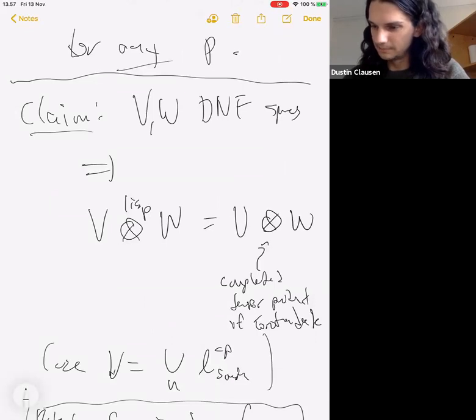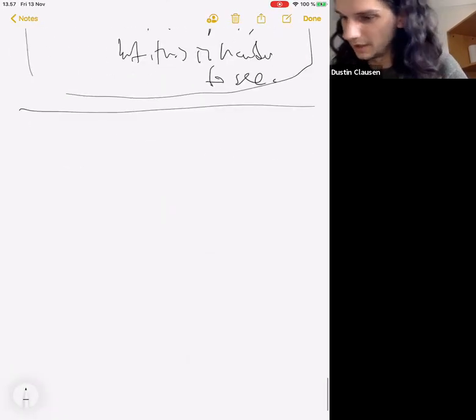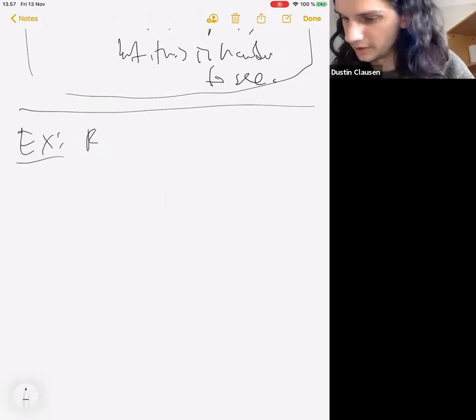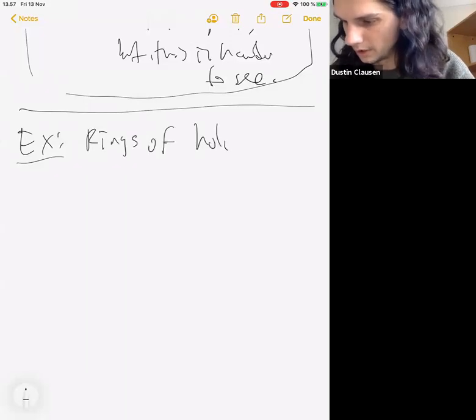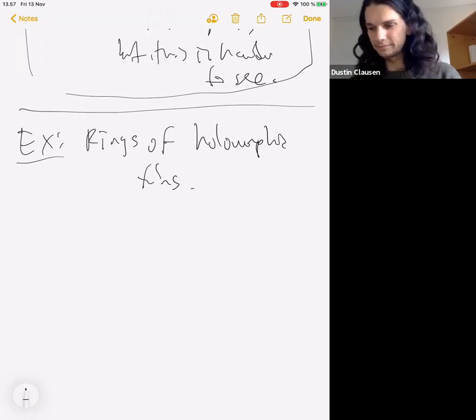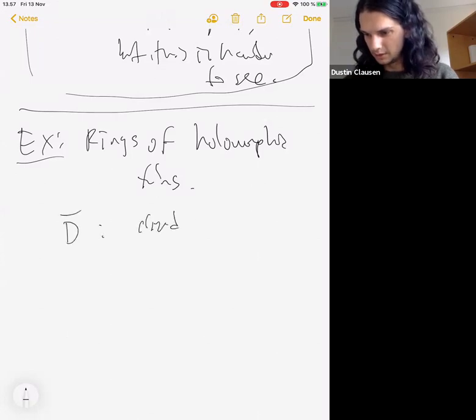Okay, so let me do an example there. So this is rings of holomorphic functions. And you can of course handle holomorphic functions in several variables. But for both of these lectures, I'll stick to the case of one variable and Riemann surfaces, just for simplicity. So let's write D-bar for the closed unit disk in the complex plane.